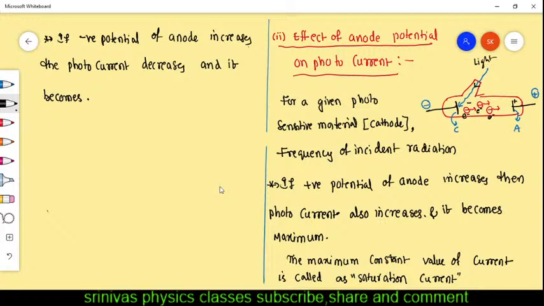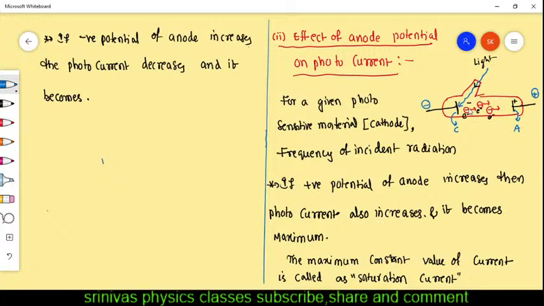Why is the photocurrent decreasing here? Listen very carefully. No need to draw further diagrams; I will explain with the same diagram. See the right side diagram, this anode A. If you apply a negative potential to it, what happens?